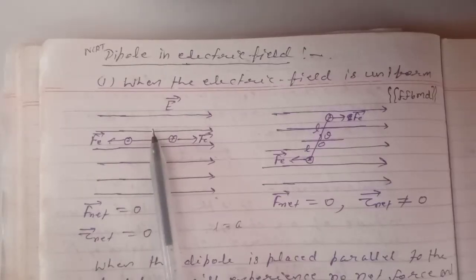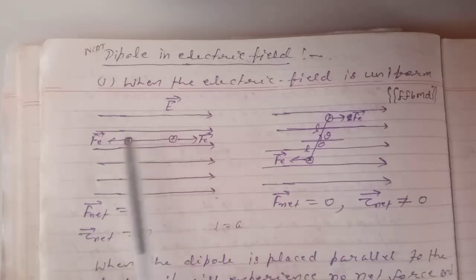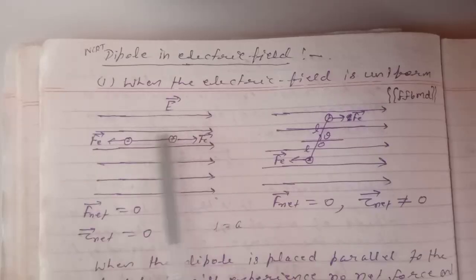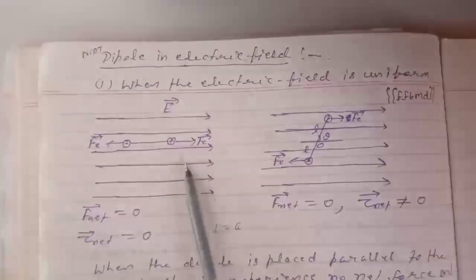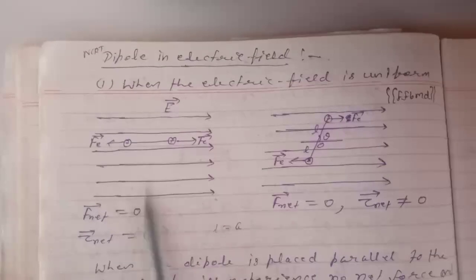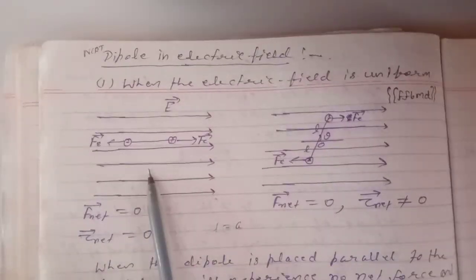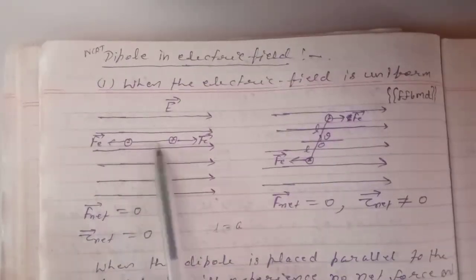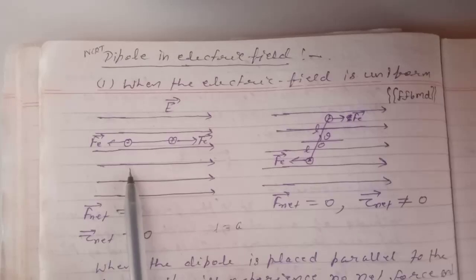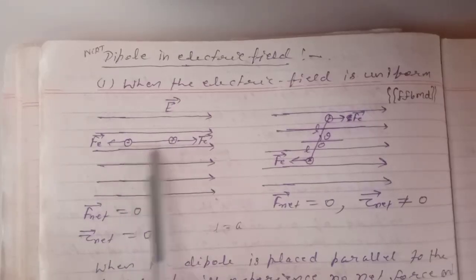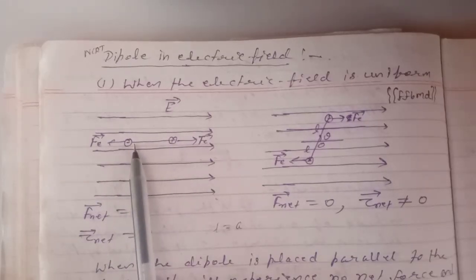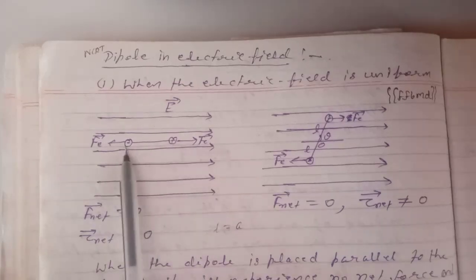Uniform electric field is represented by field lines with constant spacing. So this diagram represents a uniform electric field, and now a dipole is placed in the uniform electric field. One is a positive charge, and we know that a dipole is a system of two charges of opposite nature, so plus q and minus q.